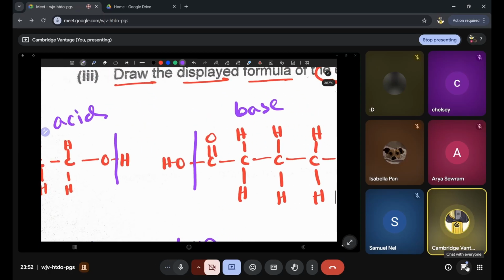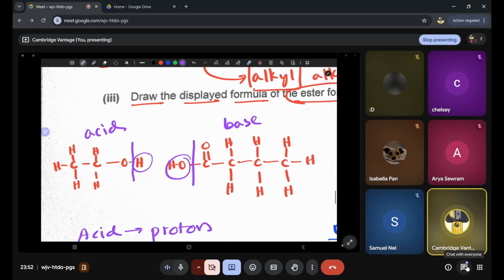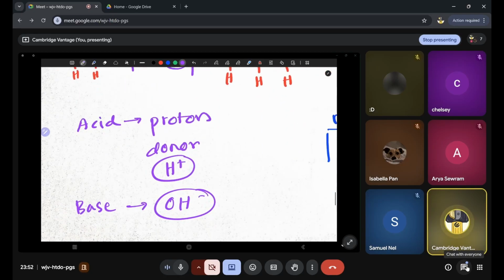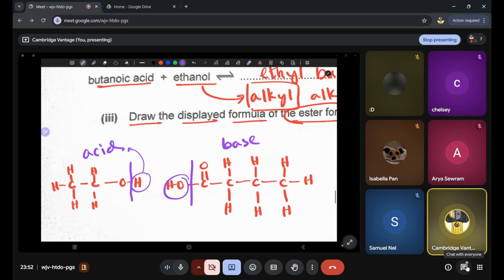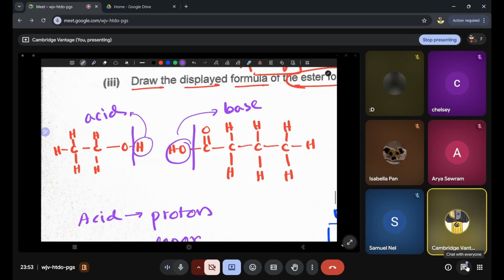I'm saying that the acid is going to release OH and the alcohol is going to release the H or the H plus. So anything that releases an H plus is called an acid. Anything that releases an OH minus is called a base. So my question is, in that case, are we saying that the carboxylic acid is actually a base and the alcohol is actually an acid? Is that the case?